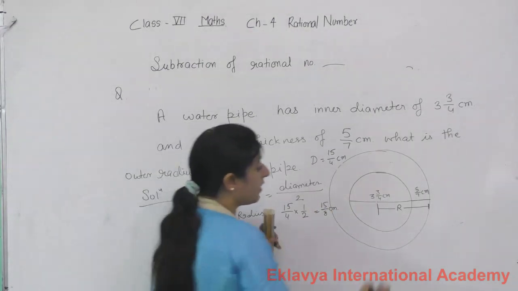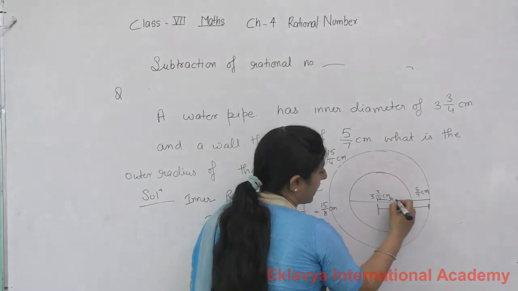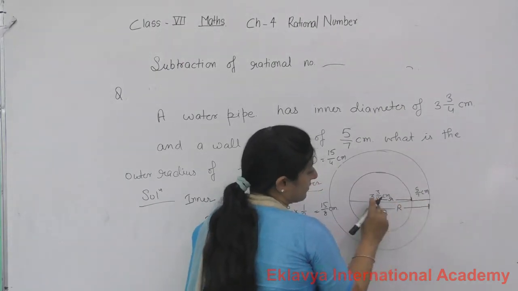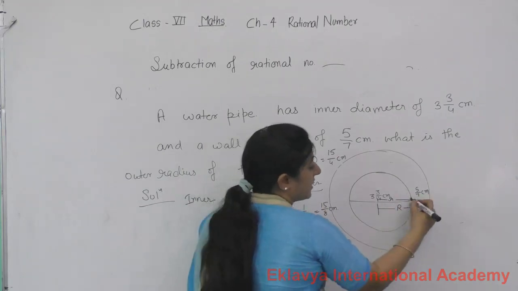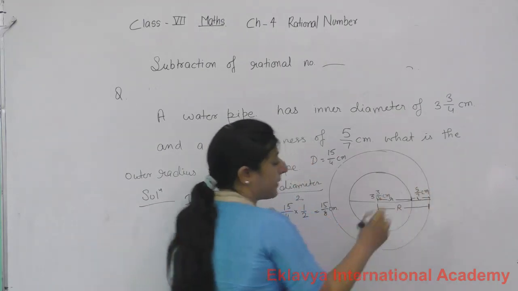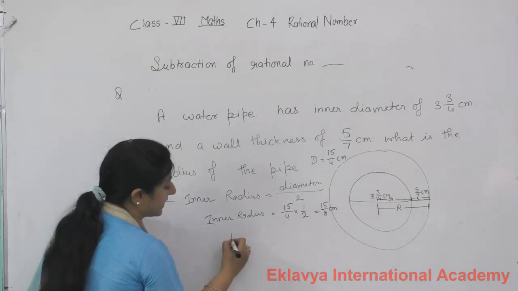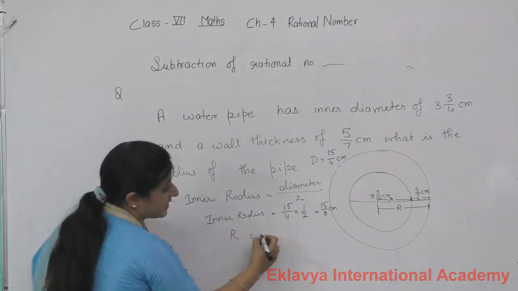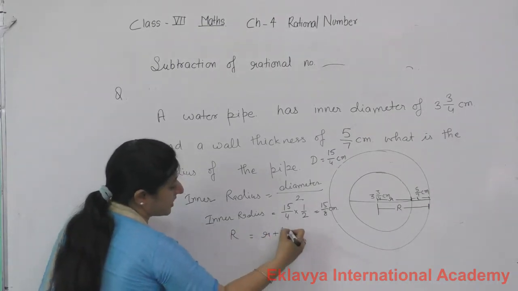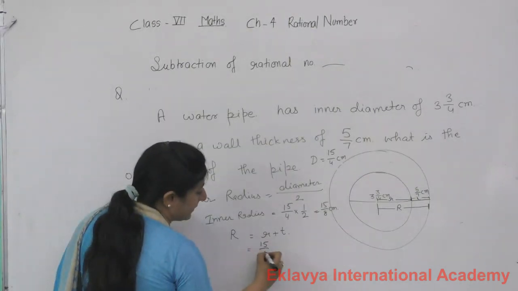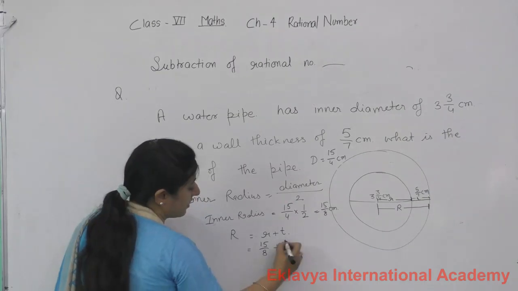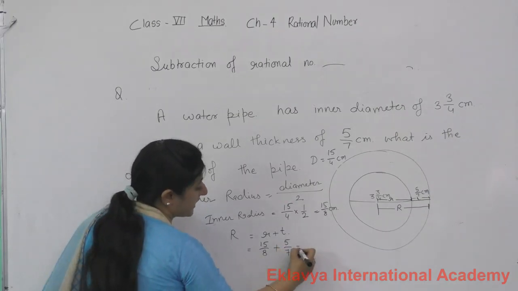It means the value of small r is equal to 15 by 8. The thickness is given to you as 5 by 7. Then what is the outer radius? Outer radius is equal to inner radius plus wall thickness. Inner radius 15 by 8 plus 5 by 7 wall thickness.